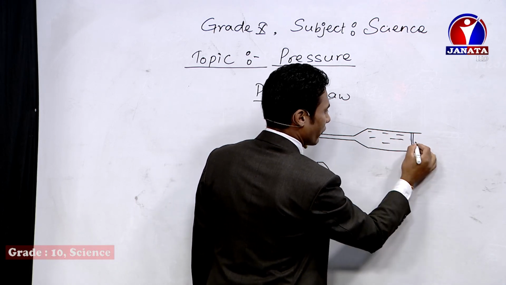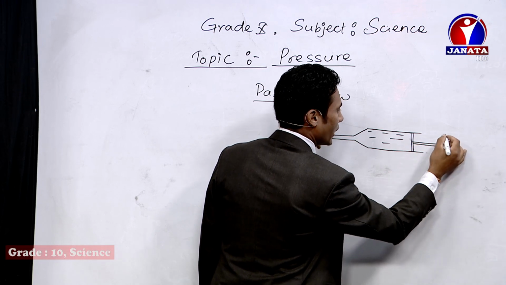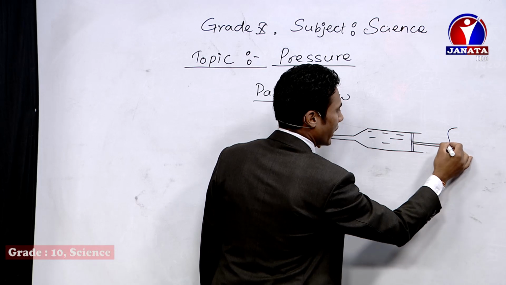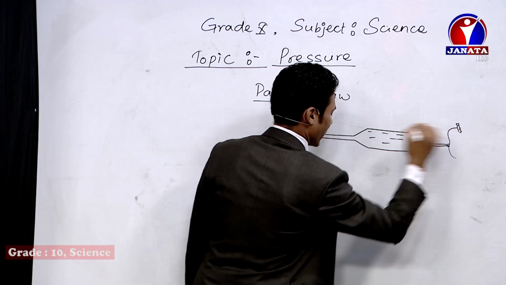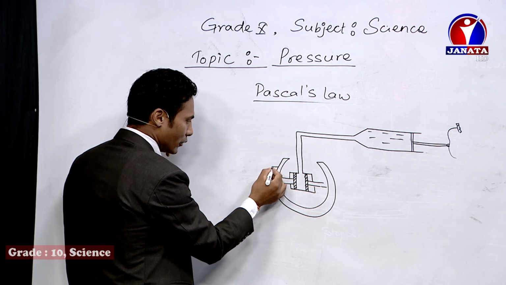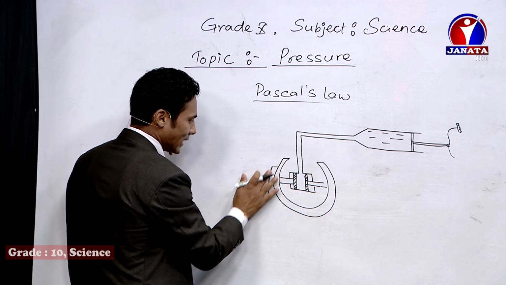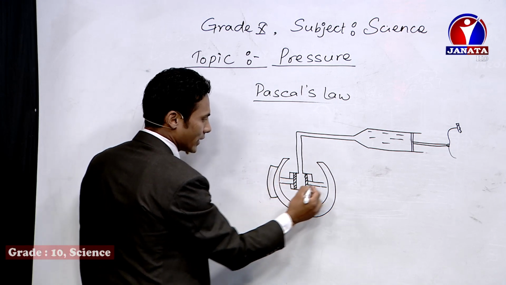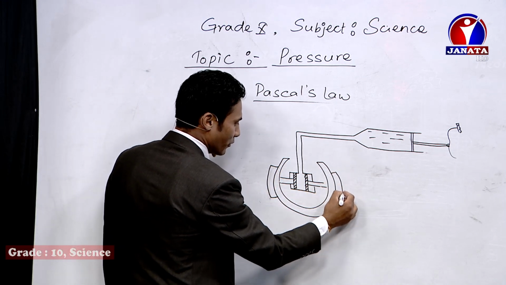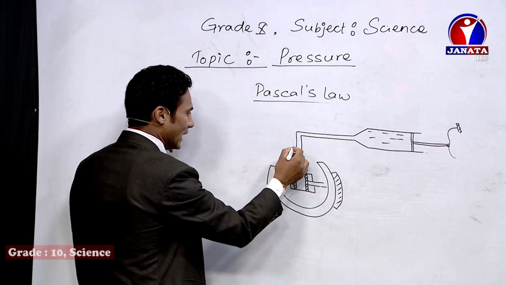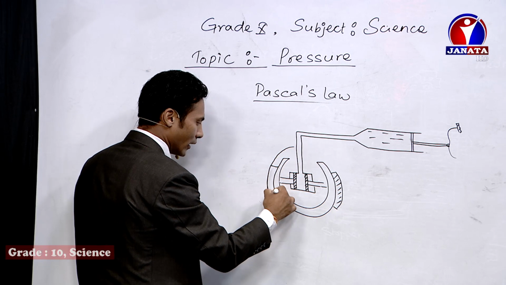Okay, you can fill the fluid here, right? And here is the presence of this pedal. This pedal is present over there, and this rim is connected with the brake shoe. You might have heard about the brake shoe. It is made with a rough surface, right? And this brake shoe is connected with the inner rim of the wheel.